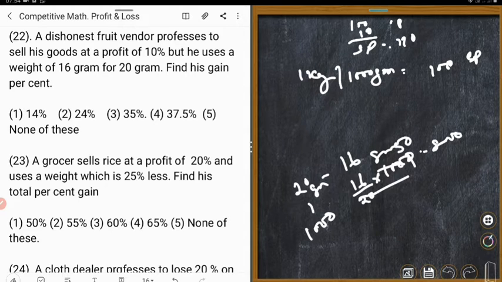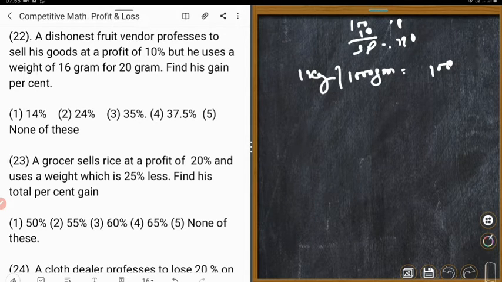So let's see. 800 gram is equal to cost... 1000 gram costs 100. Could you understand? 1 gram will cost 100 upon 1000. 800 will cost 800 into 100 upon 1000. Zeros cancel.